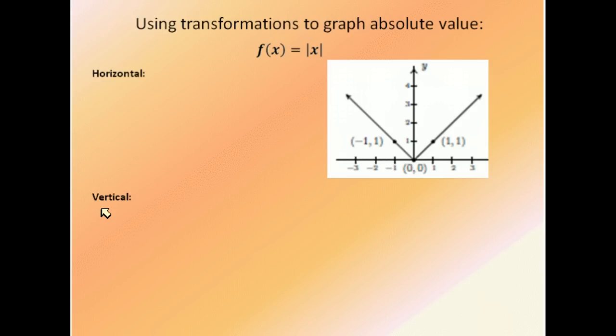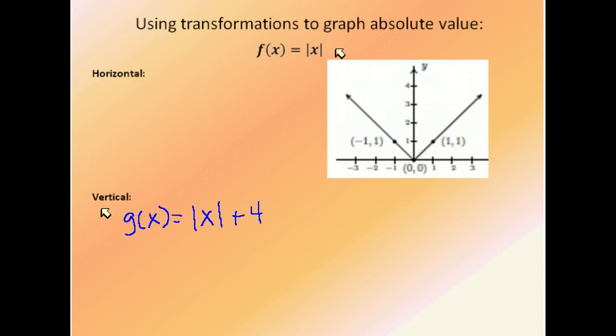We're going to talk about some things that can happen vertically. Now, vertically would be anything that happens outside of that absolute value symbol. Okay, so let's say I had a function g of x, and it was the absolute value of x plus 4. Anything that happens outside is going to affect my y values vertically, up and down.